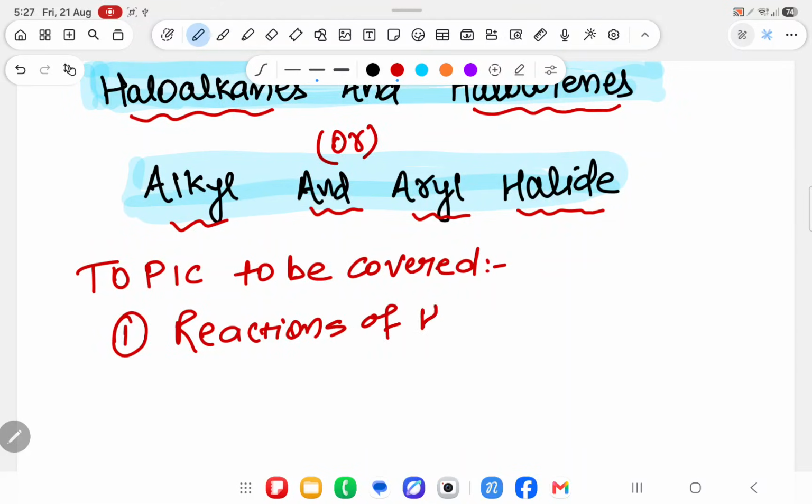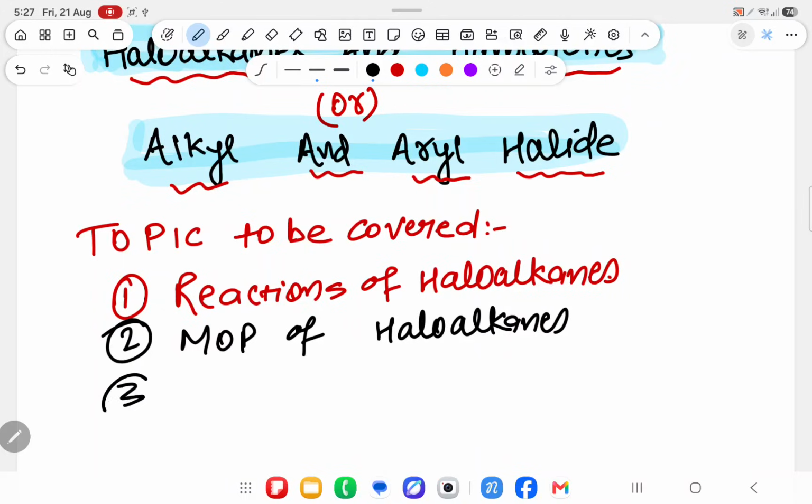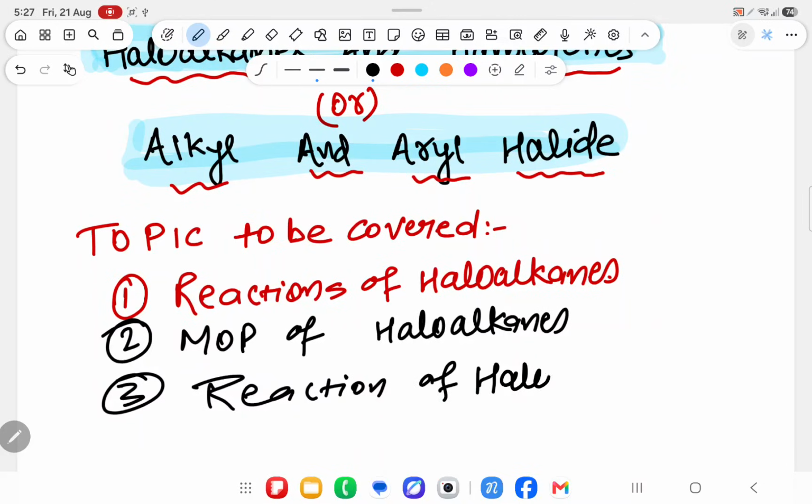The first topic I will complete is reactions of haloalkanes. Then the second topic I will cover is method of preparation of haloalkanes. Then the third topic I will cover is reaction of haloarenes.